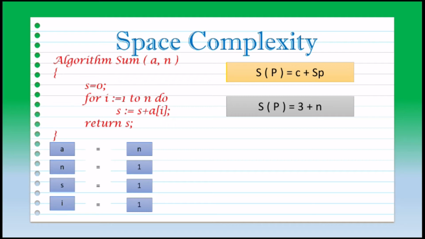Here the value 3 is constant, that is, the size of n, s and i that remains fixed in the algorithm, but S_P, the variable size, depends on the value of n. Once the value of n is changed, the size required by variables may change automatically.